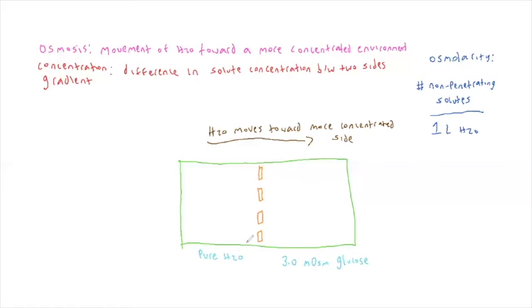So the pure water is going to attempt to go into the area that has a higher concentration of non-penetrating solutes. So we'll see that a significant amount of water is going to try to go from the pure H2O side to the environment that has the 3 milliosmoles of glucose, because glucose cannot pass through the cell membrane, as I talked about last lecture.